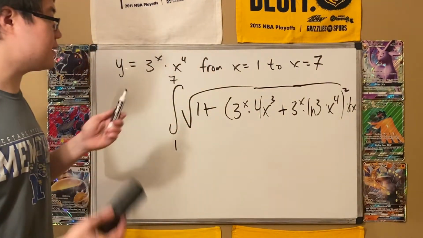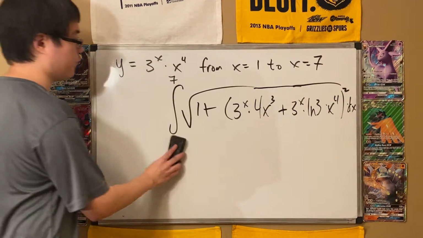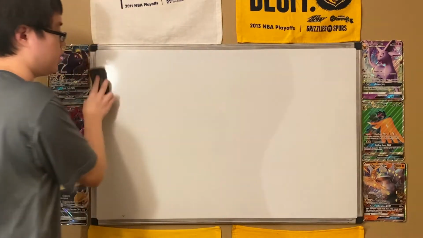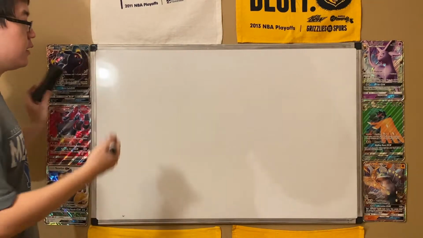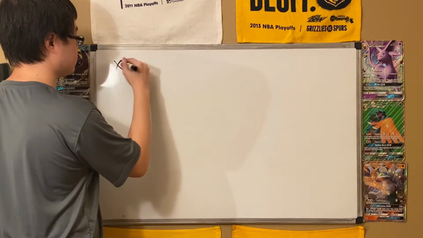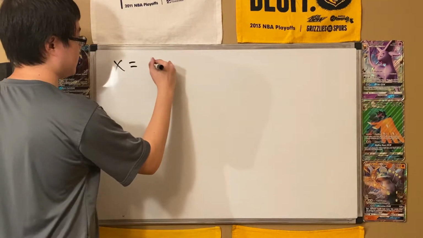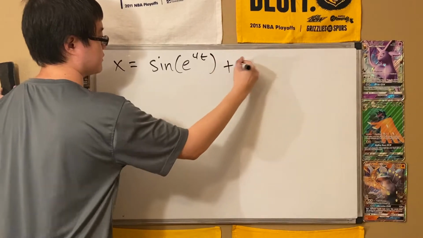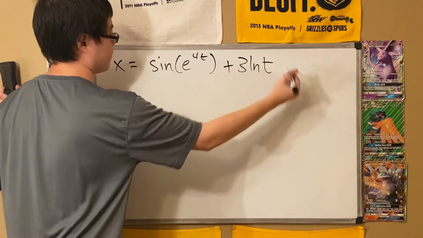So let's see how it's not much different when you have x's in terms of y's. Keep in mind that when x is in terms of y's, y becomes the independent variable, so you don't need to implicitly differentiate what I'm about to write on the board. Let's do x is equal to sine of e to the 4y plus 3 ln of y, or something like that.